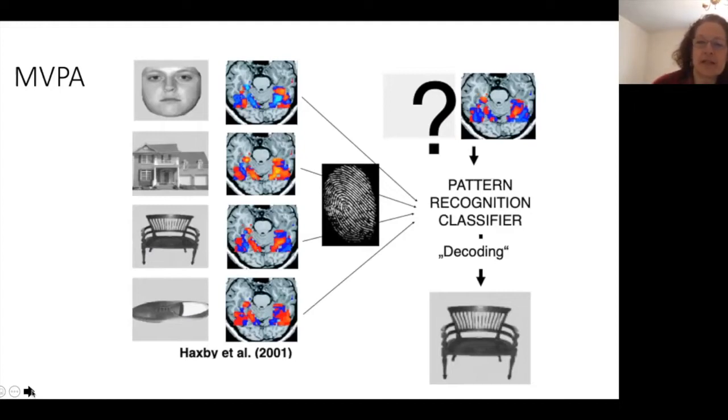And if you feed that information into a classifier and train it on these different categories of objects, then you could give it a new pattern where you don't know what the person is looking at, and decode the object that they are seeing by its similarity to the patterns it's been trained upon.